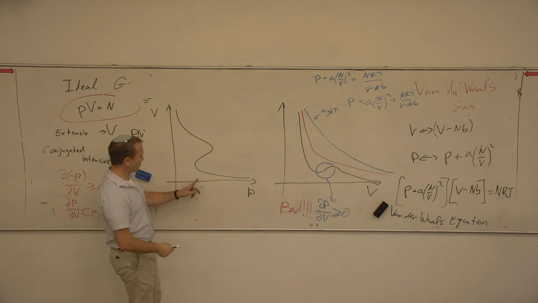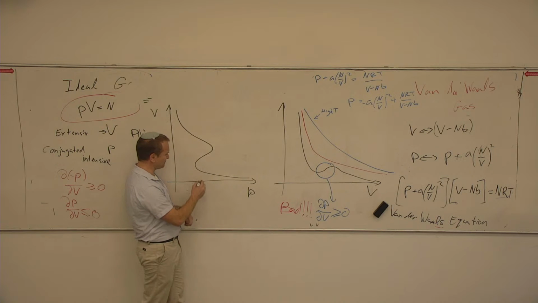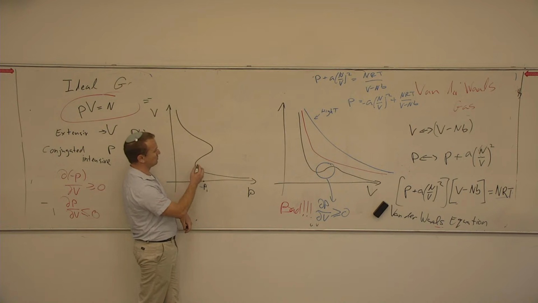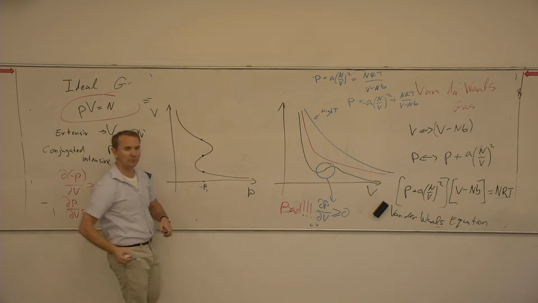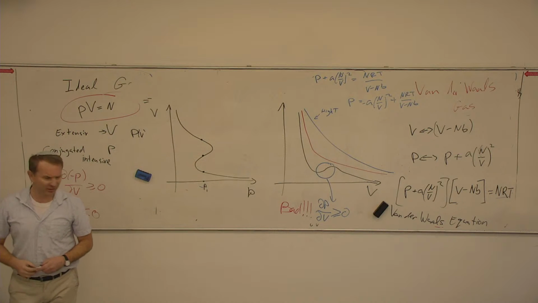So what happens is that I have some specific P's over here that have different values of different volumes. Okay? This is why it's bad.